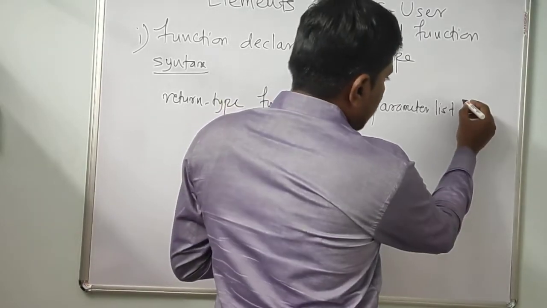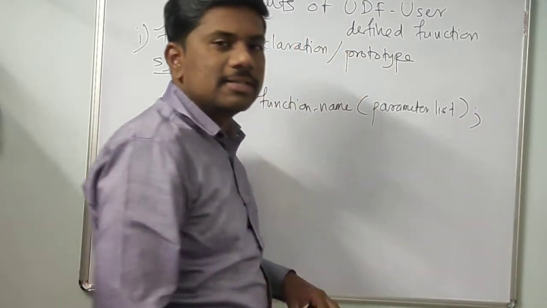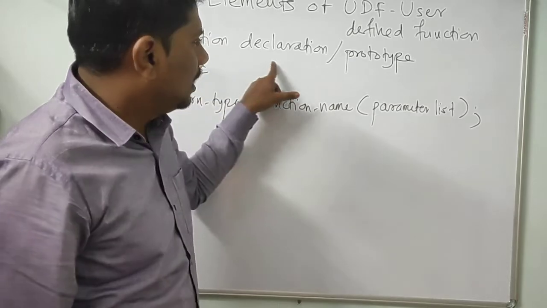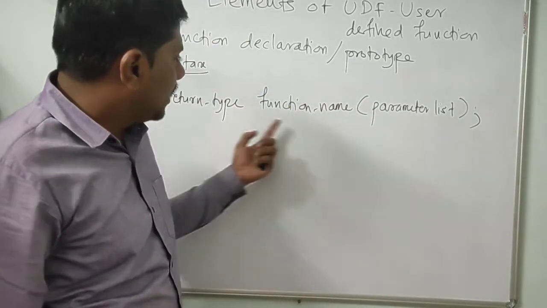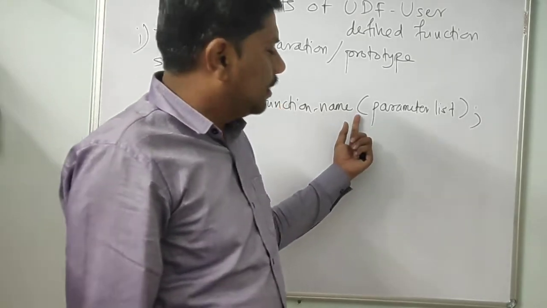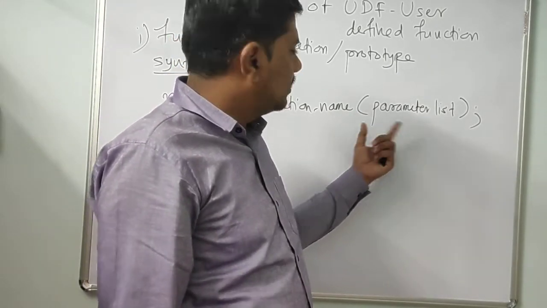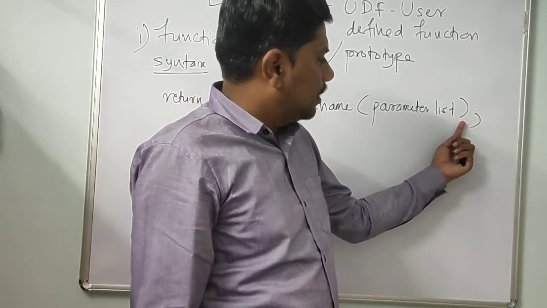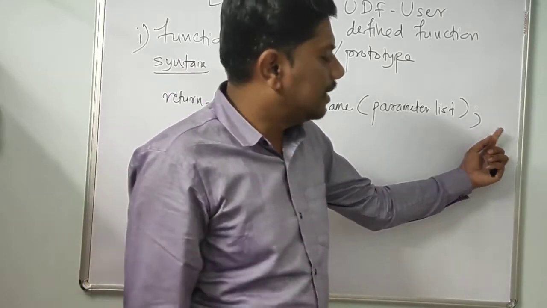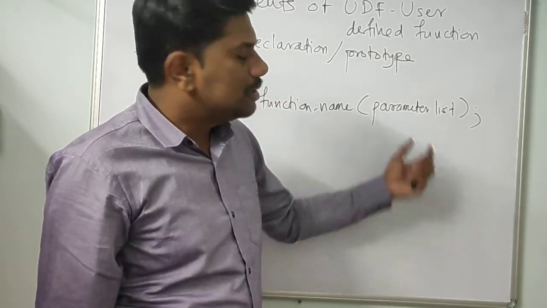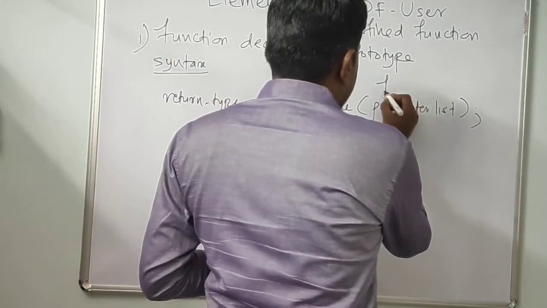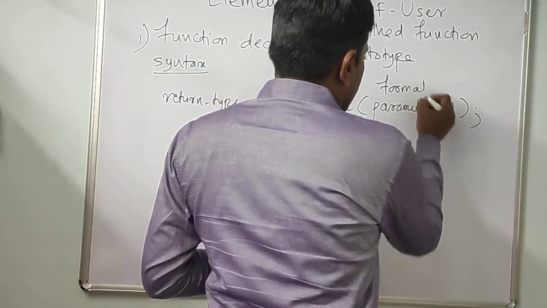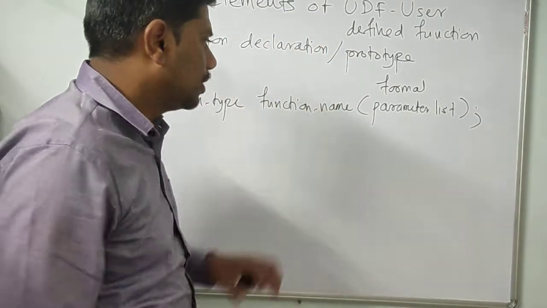Parameter list, bracket complete, and terminating semicolon. So function declaration or function prototype consists of return type, then function name, then opening rounded parenthesis, parameter list, closing rounded parenthesis, and terminating semicolon. Now these parameter lists are formal parameters. These are formal parameters, you should remember.